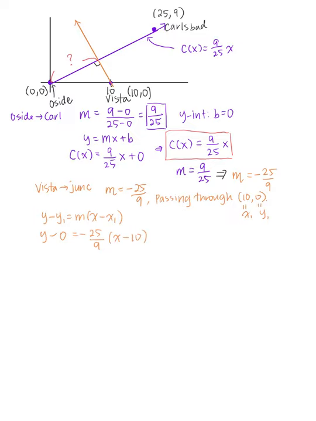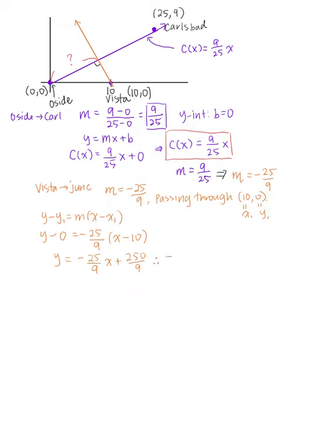Now let's clean up a little bit. I'm going to distribute the negative 25 over 9 to each term, to get y equals negative 25 over 9 x plus 250 over 9. But I don't want to call it y equals, so let's name this function. This is going to go from Vista to junction. What do you all want to call it? Junction of x, maybe?